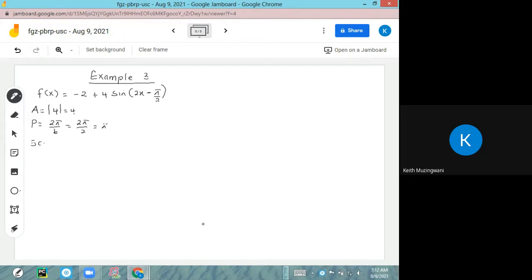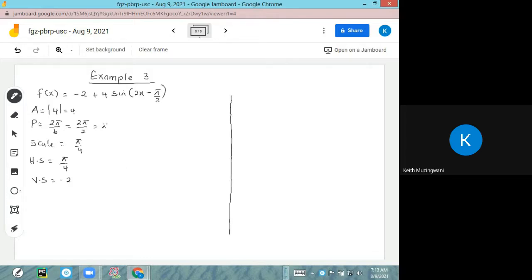Then the scale is pi over 4. Horizontal shift is positive pi over 4. The vertical shift, -2. So just from these, my sketch is complete.